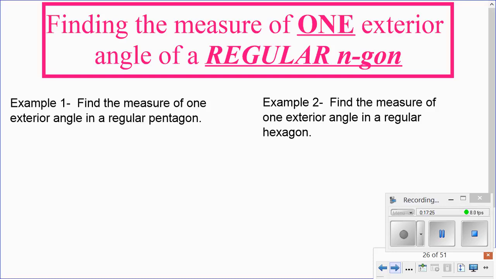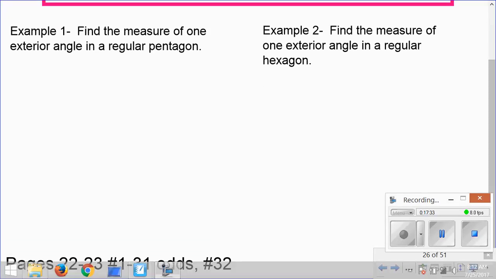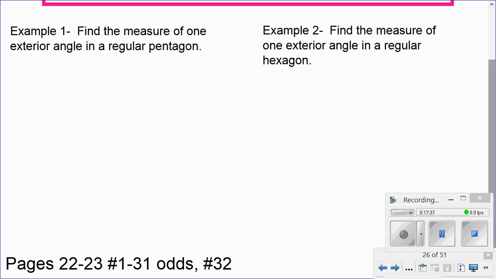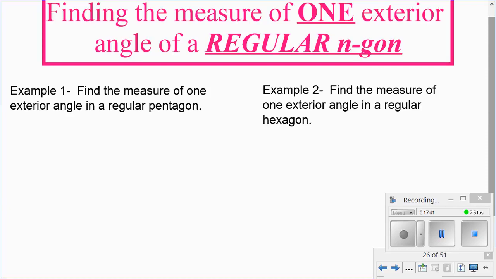Okay, so now we're going to find the measure of one exterior angle of a regular n-gon. We know the sum of the exterior angles is 360 degrees.